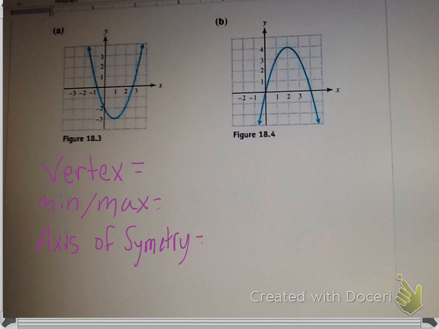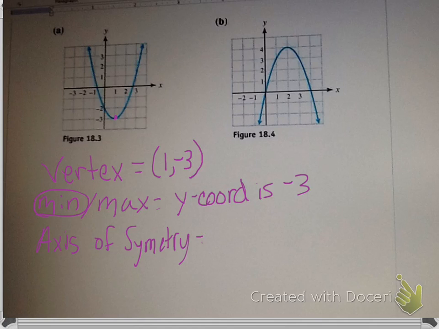Okay, so the vertex is that point right there. So the x is 1 and the y is -3. That is a minimum because it's the lowest point. And sometimes they'll ask you what is the y coordinate. So the y coordinate is -3.